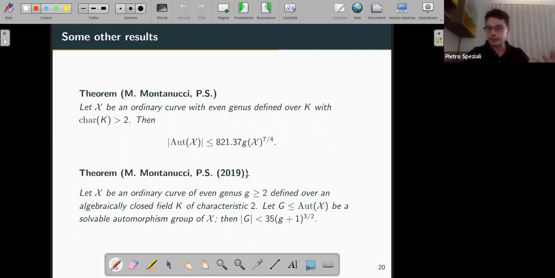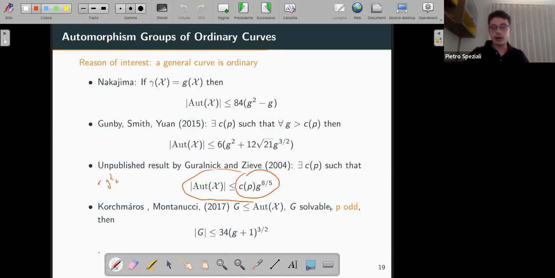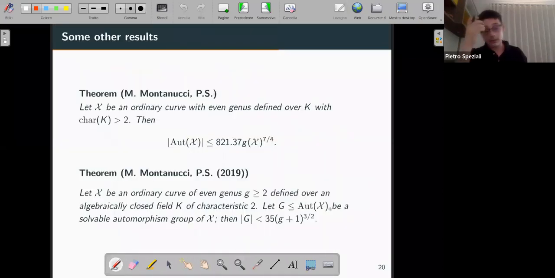It's not easy, but if you take some time, you can actually prove that at most you have a constant times genus to the 7/4 automorphisms. Here p was odd. We also did the version for solvable groups in characteristic 2, and there we need the genus to be even for technical reasons. But then again, the real bound for solvable groups in this case is g to the 3/2.